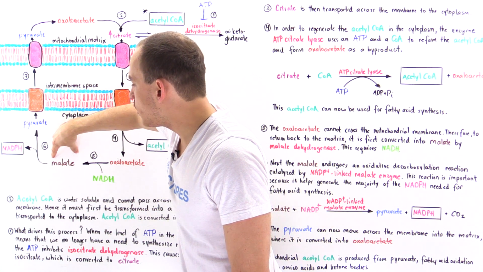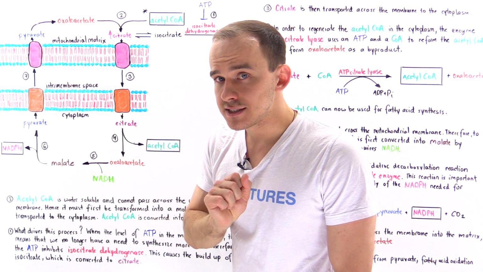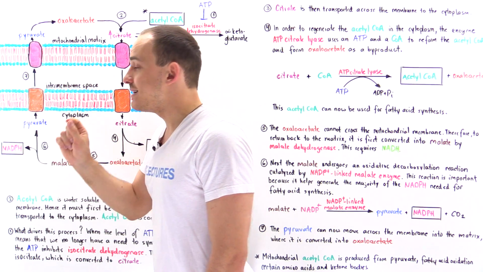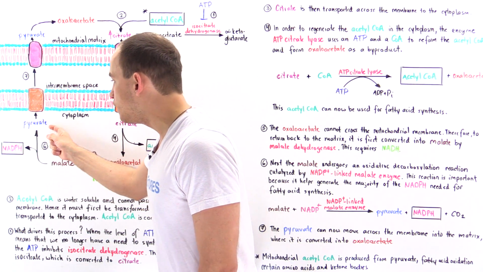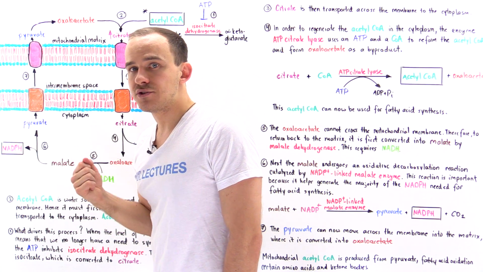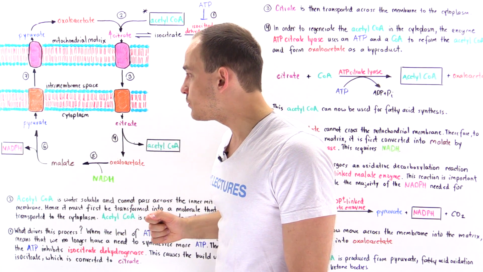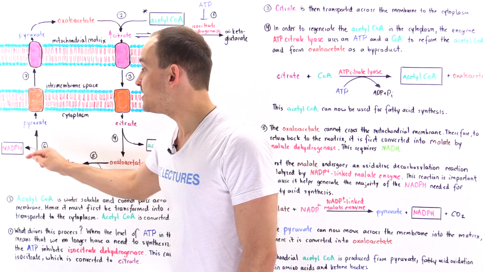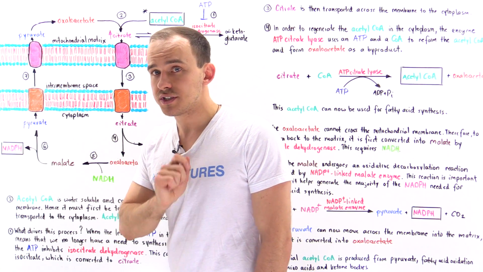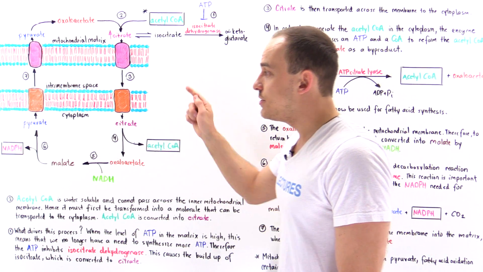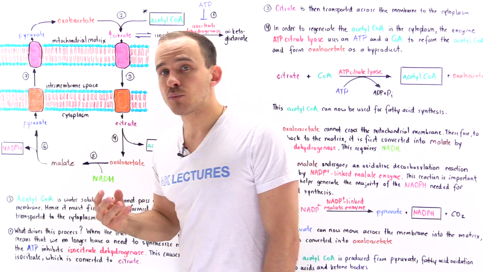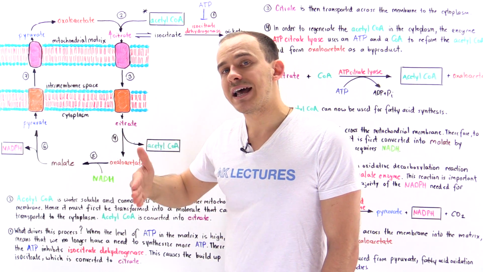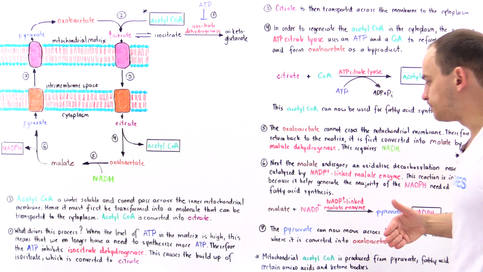Now, once we form malate, an important process takes place that allows us not only to form the pyruvate that can now move across the membrane of the mitochondria, but we also generate NADPH. And this is important, as we'll see in just a moment, because this is the NADPH that we're going to use in the fatty acid synthesis process.